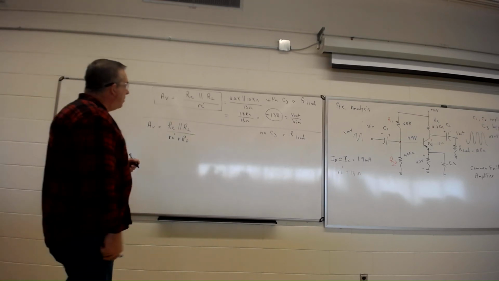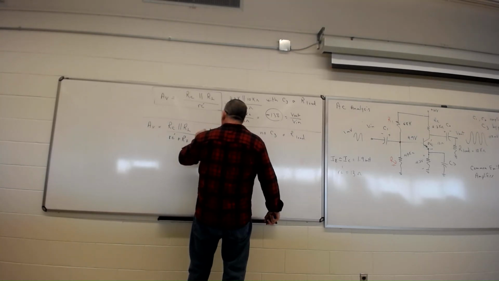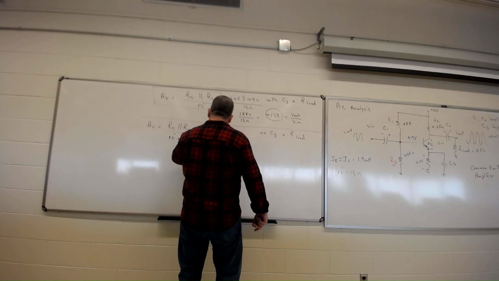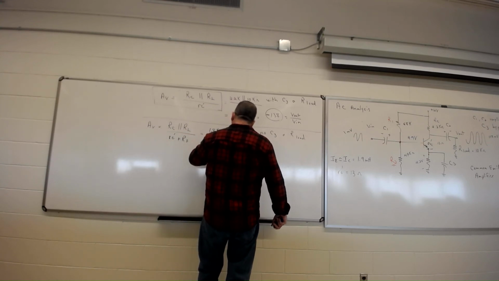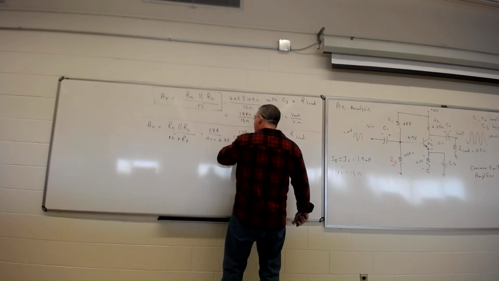So this would become something like 1.8K over, well, let's see, this is 13 ohms plus 2.2K. So this is roughly 1.8K over 2.2K.